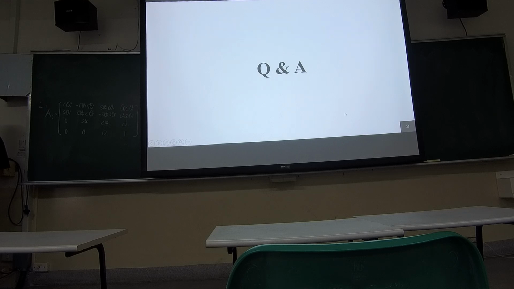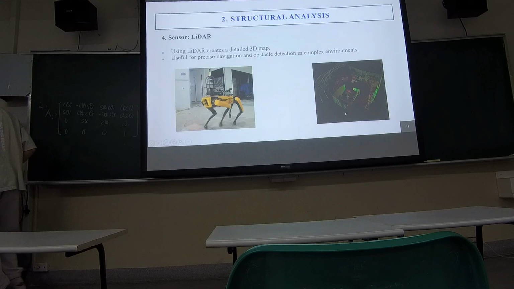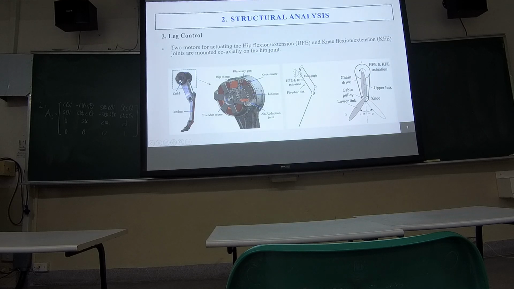Two joints coupled together? There are 2 motors in each leg, so it has 8 motors for the whole robot. So the 2 joints are coupled together, right? Yes. Thank you.